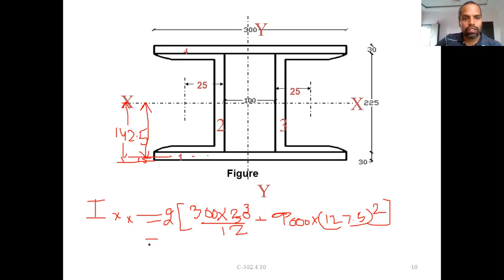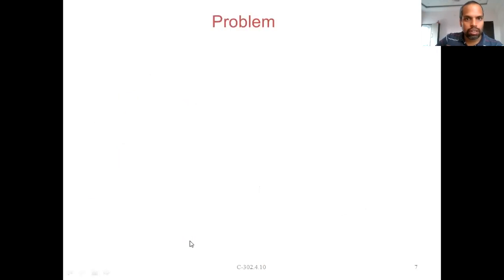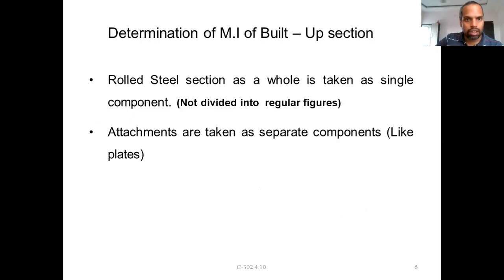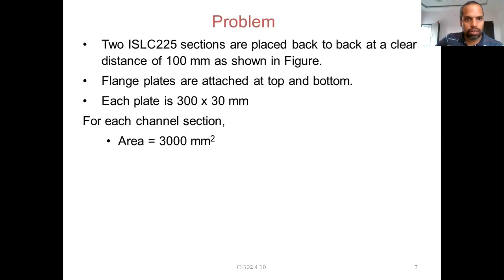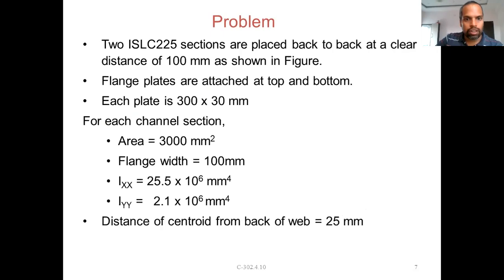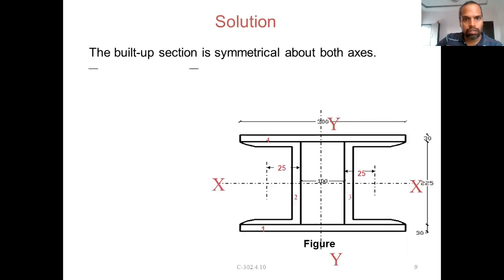Whereas for figures 2 and 3, the centroidal axis of the channel and the centroidal axis of your entire section coincide. That's why you directly add the moment of inertia of those sections. How much is it? 25.5 into 10 to the power 6.